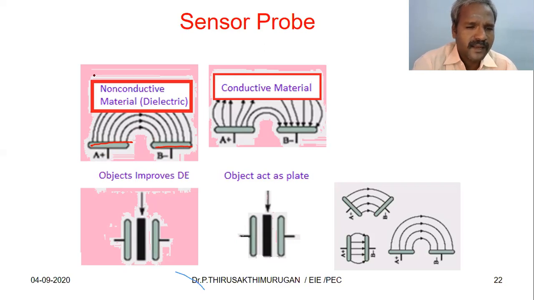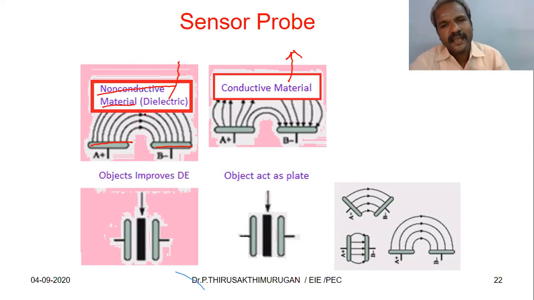So when non-conductive or non-metallic material with high dielectric, similarly conductive material with high dielectric. What happens when a non-metal or dielectric material approaches the probe?